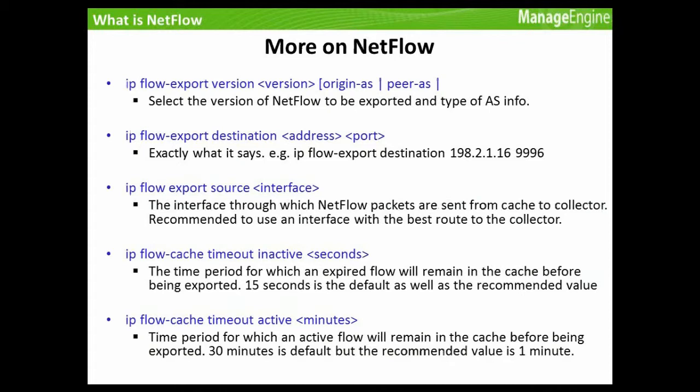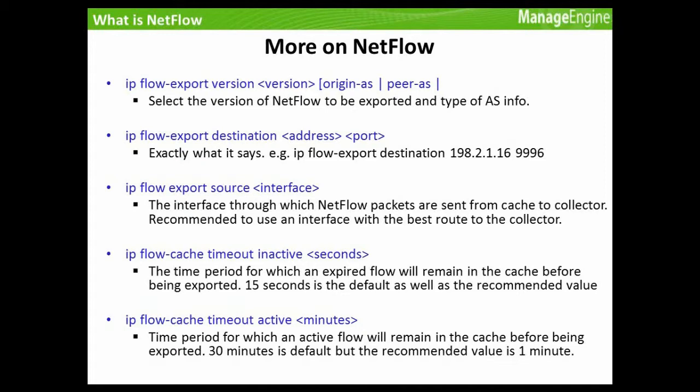Now let me explain a bit more on NetFlow, like what are the commands used on NetFlow version 5. IP flow export version and the version number specify what version has to be exported, which we saw earlier, version 5 or 7 or 9. But most people now prefer version 9 because of its flexible format of export.